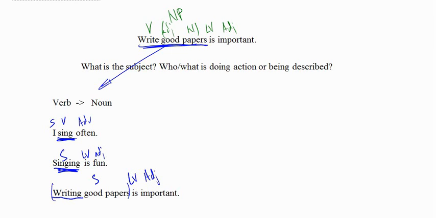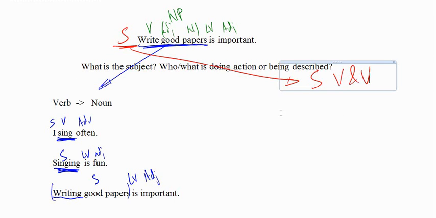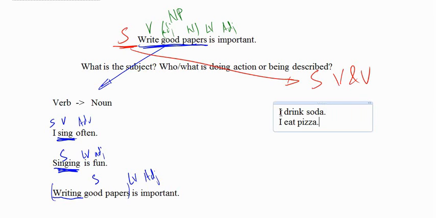Now, if they give you a different response to that question, let's say they said, oh, I forgot to put in my subject, then you go into a different explanation, and this explanation uses this sentence pattern, which is based on the list concept. So to explain this, I'll give an example like this. I drink soda, I eat pizza.